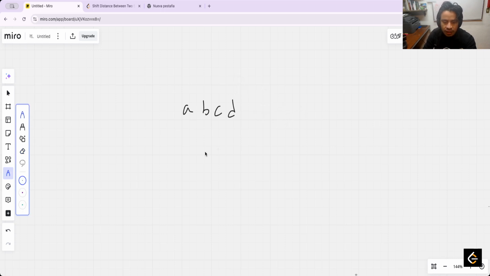And for the next cost it is 2, 1, 4, 3, and for the previous cost it is 3, 1, 0, 1.